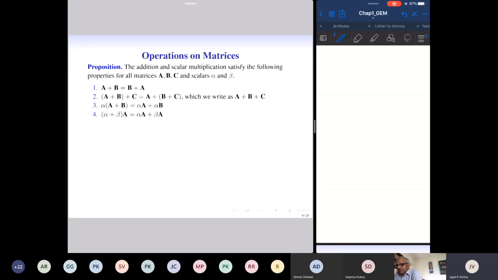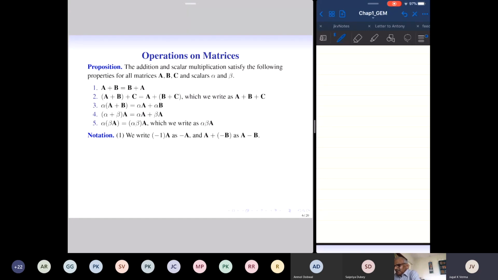Similarly, matrices and scalars satisfy the property that (alpha plus beta) times A is the same as alpha A plus beta A. And alpha times (beta A) is the same as (alpha beta) times A, and therefore we can write it as alpha beta A. Take minus 1 times A, a scalar multiple of A. We will write this as minus A, so that we don't have to write minus 1 in round brackets.